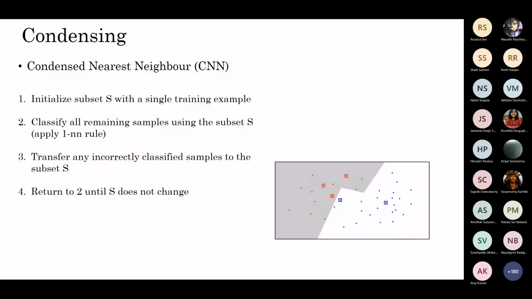So sir, we'll be choosing in that sequence, and as soon as we get any incorrectly classified sample, we would be adding that to the subset S. Right, absolutely, yes. Here is the intuition behind it. Why am I adding the incorrectly classified samples, not the correctly classified ones? Set S is storing some information.